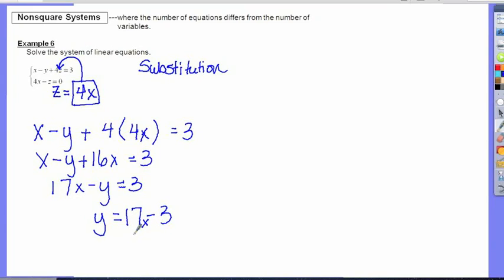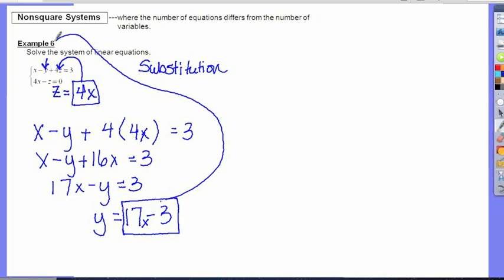So now I have something that I can substitute for y. I can put 17x minus 3 back up here where y is. I can take all of this and put it right there where the y is and substitute something in for y also.